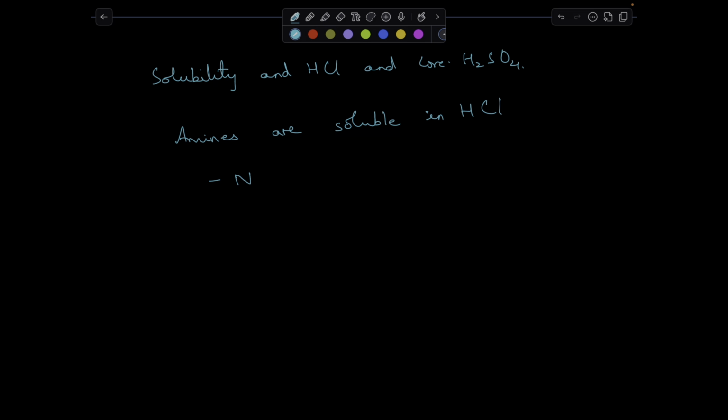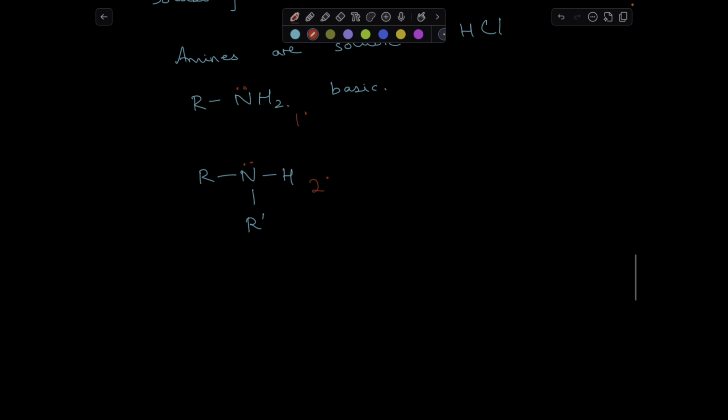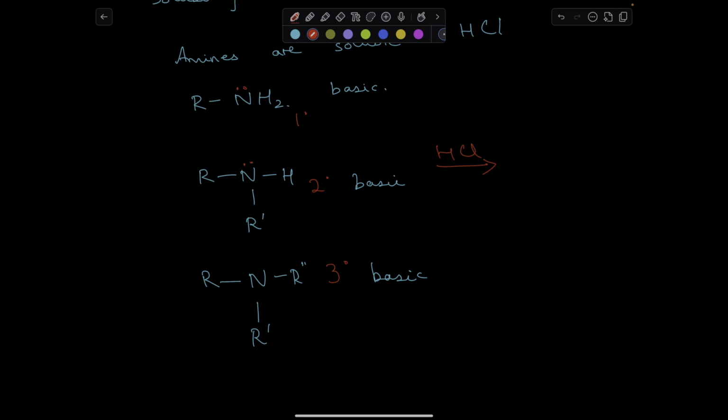So amines are NH2 groups, and these are basic in nature. So you can have a primary amine, or a secondary amine, or a tertiary amine, and they're all basic, and they all react with HCl to form salts.